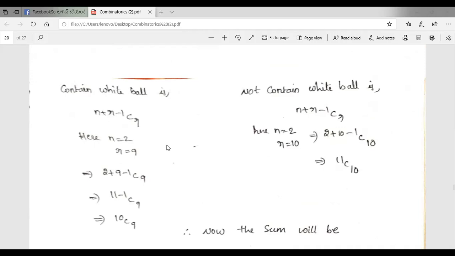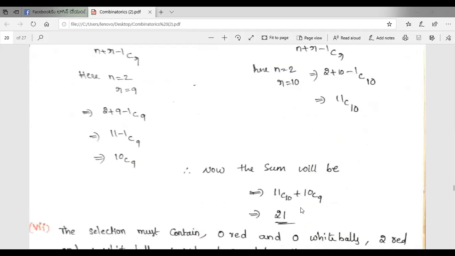So the total selection will be 11C10 plus 10C9, which is equal to 21 ways. So whether the selection does not contain a white ball or contains one, the total selection is completed by 21 ways.